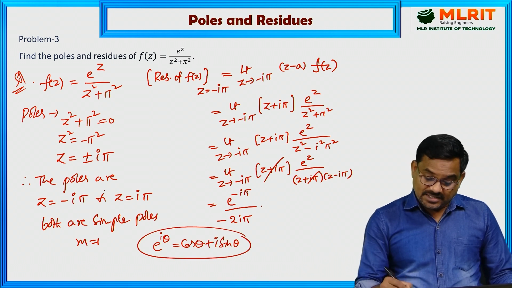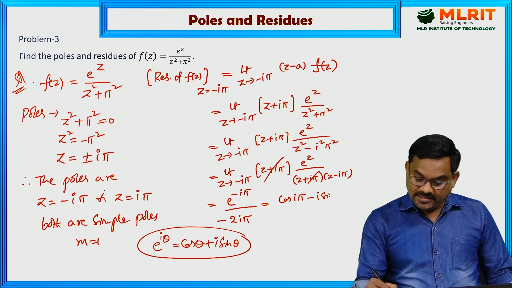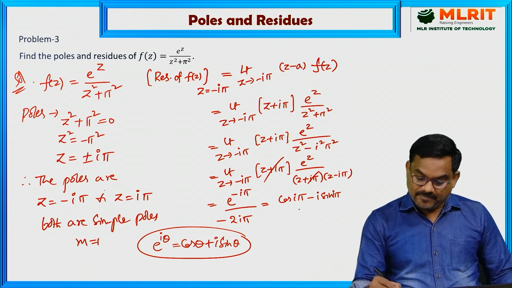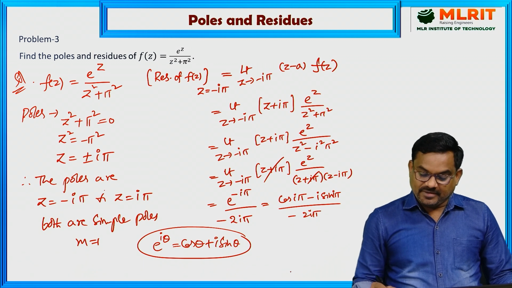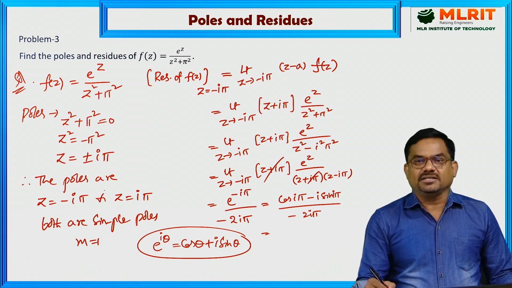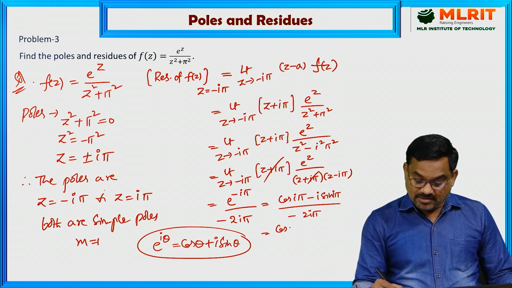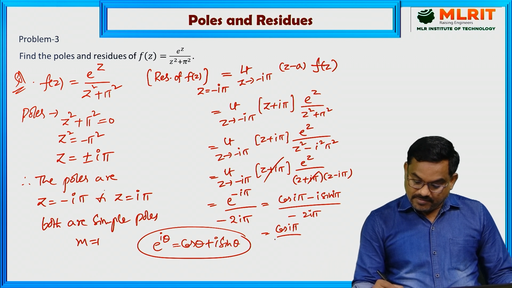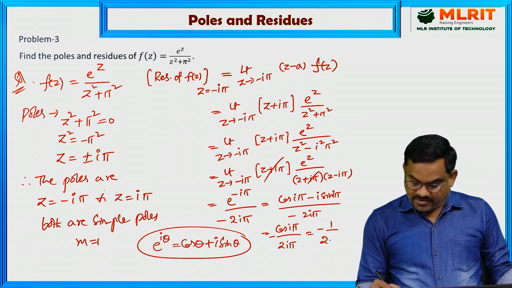So using that, this can be written as cos pi minus i sin pi by minus 2i pi. We know that sin n pi is 0, so this becomes cos pi by minus 2i pi, and this is equal to minus 1 by minus 2i pi.